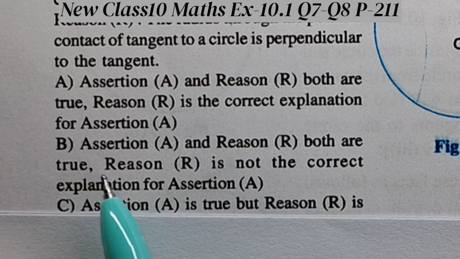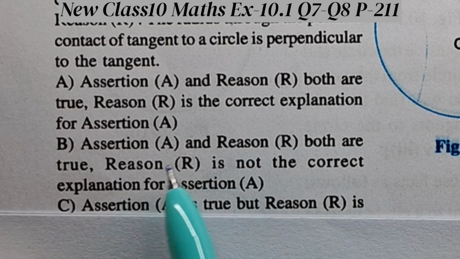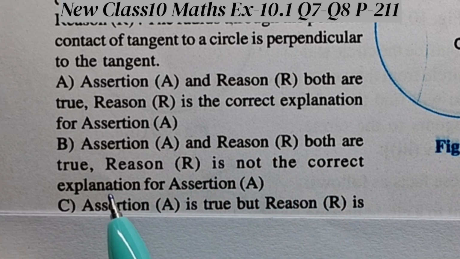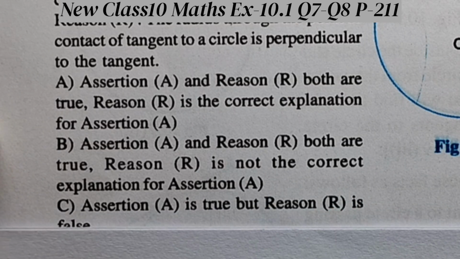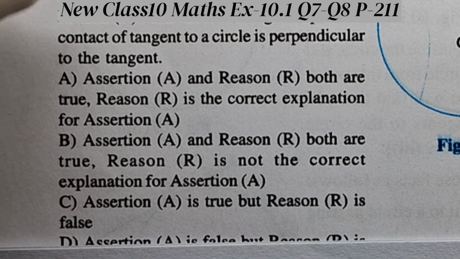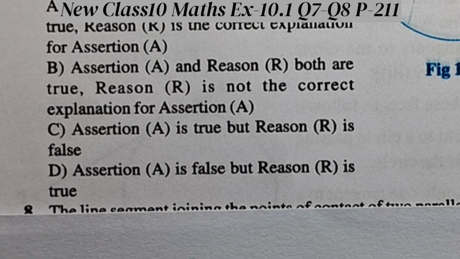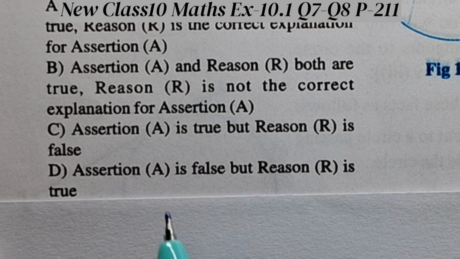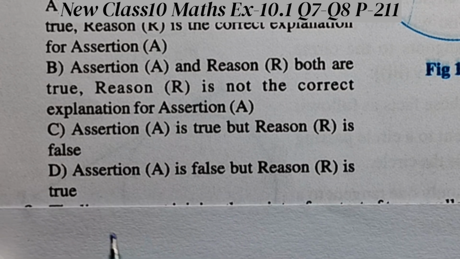Let's read option B also. Assertion A and reason R both true, but reason R is not the correct explanation of the assertion. No, it's not true, so B is not correct. C: assertion A is true but reason R is false. No, incorrect.